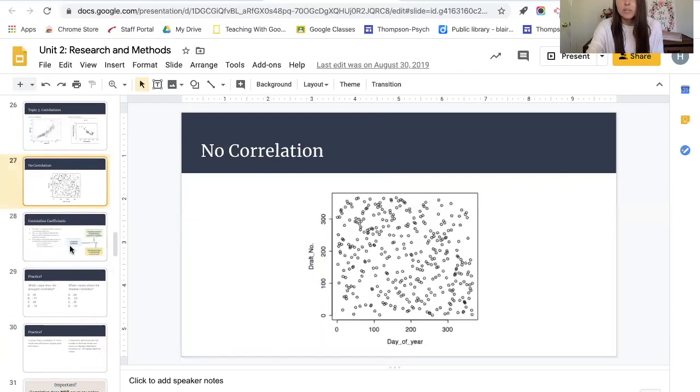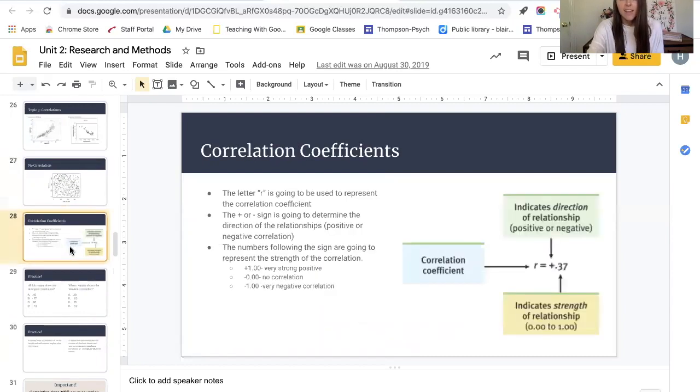Now, if we're not using a scatter plot and we're using a number, your correlation coefficient, the symbol that we're going to use is a lowercase r, and you want to make sure when you're talking about your correlation that it always stays between -1 and +1. -1 is a very negative correlation. +1 is a very positive correlation. 0 is no correlation.